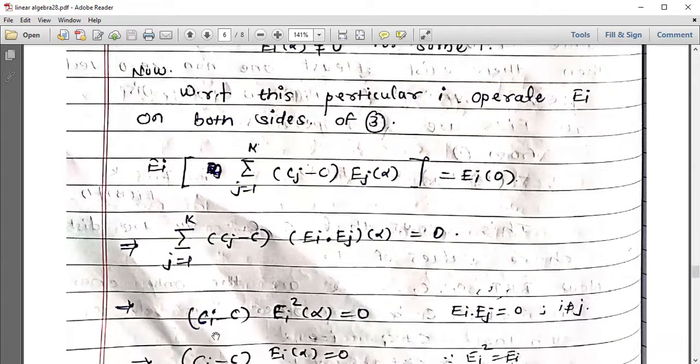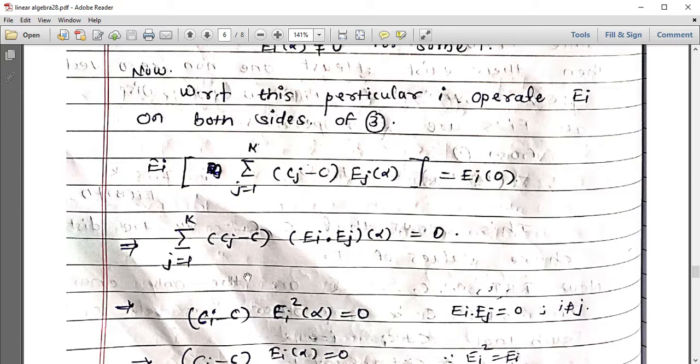Hence, running j from 1 to k, this becomes Ci minus C times Ei into Ei, which is Ei square of alpha, and all the other terms except i vanish, since Ei into Ej is equal to 0 for i not equal to j.